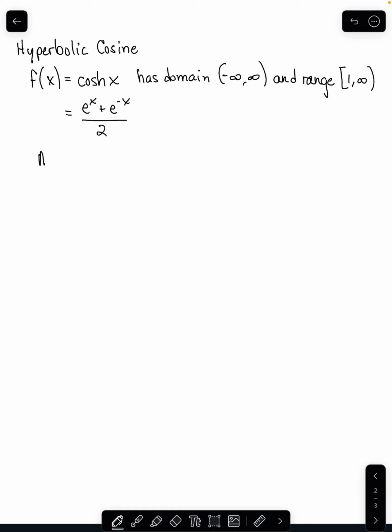So what we have here is that as x approaches positive infinity, e to the x plus e to the negative x over 2 is really going to approach simply e to the x over 2, because e to the negative x will approach 0. Of course, it will never actually reach 0, which means that this will never actually equal e to the x over 2, but it is asymptotic to e to the x over 2.